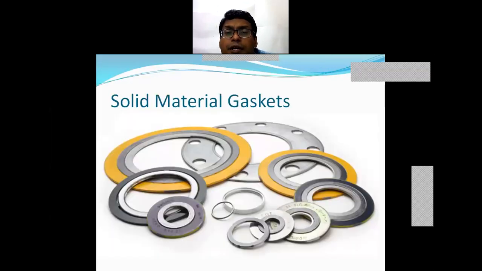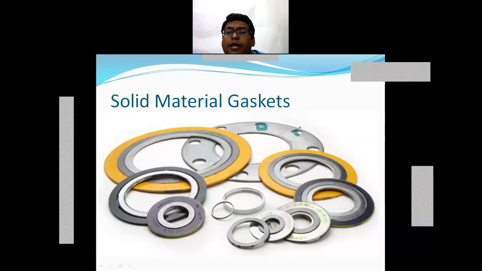Then the solid material gaskets. All these are different types of combinations of the gaskets, and different metals are used. Here it's a solid material gasket. Now if you look at this gasket, punched holes are provided for the bolt area. That is the difference between this gasket and that gasket.